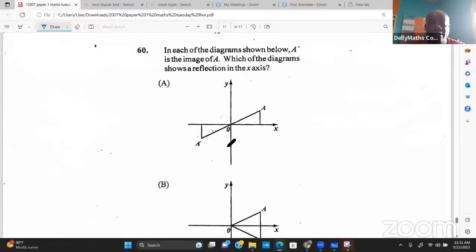Last, the diagram. It says in each of the diagrams shown below, A prime is the image of A. So A is the object. Which of the diagrams shows a reflection in the x-axis?